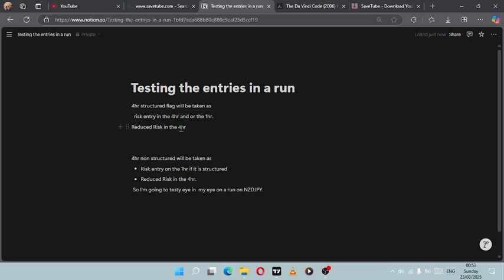A 4 hour non-structured flag will be taken as a risk entry on the 1 hour. If it's a 4 hour non-structured with a 1 hour structured, it will be taken as a risk entry. If it's a 4 hour non-structured, it will be taken as a reduced risk on the 4 hour. Okay.